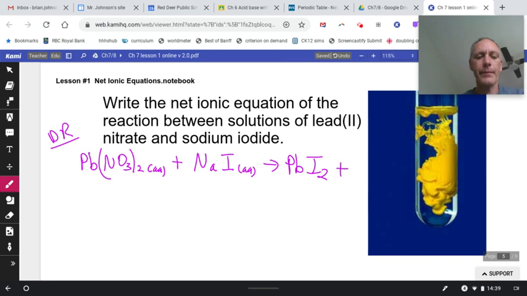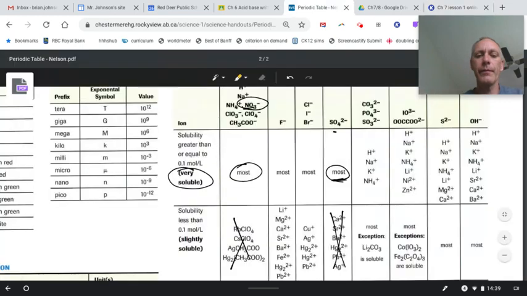PbI2, NaNO3. Na is a 1 plus, NO3 is a 1 minus. And balancing it, 2 nitrates, 2 nitrates, 2 of those, 2 of those. And states. Let's go look up states. NaNO3 and PbI2.